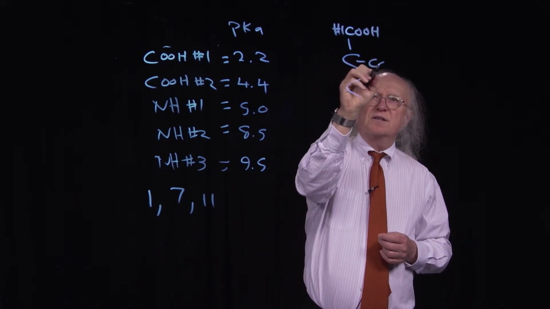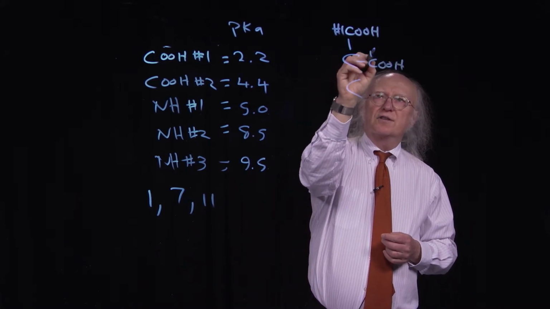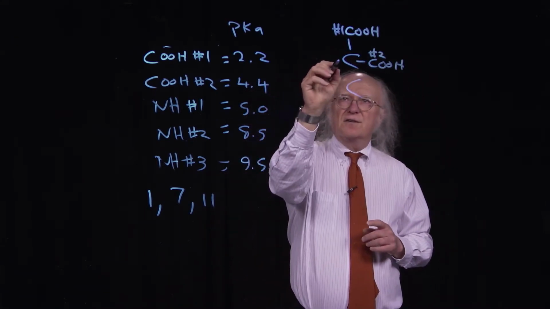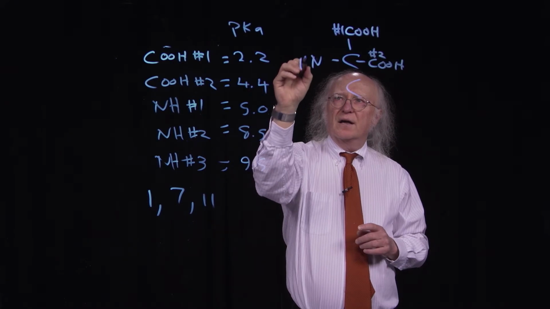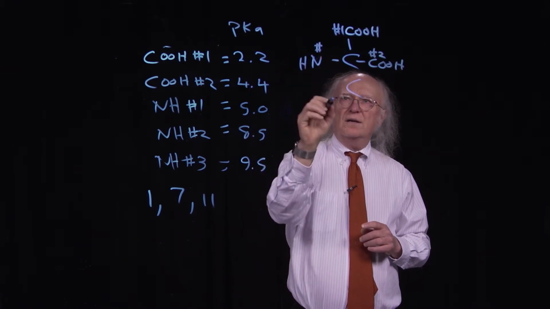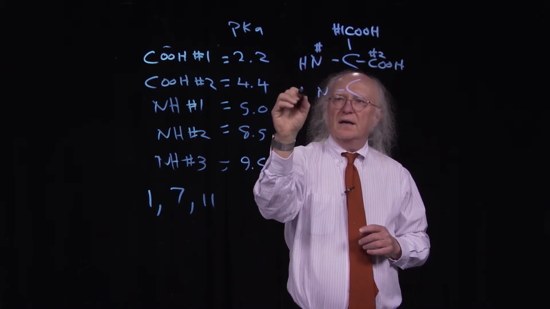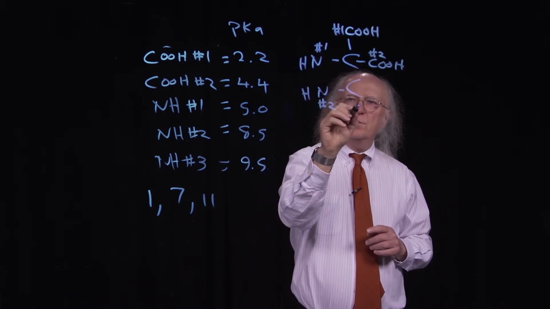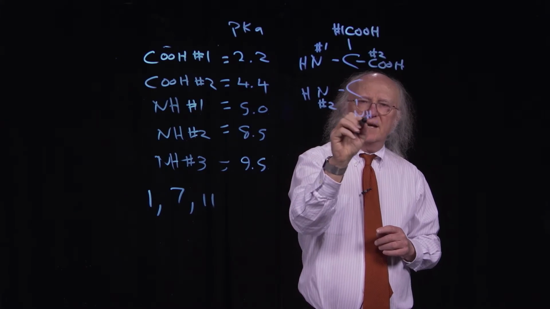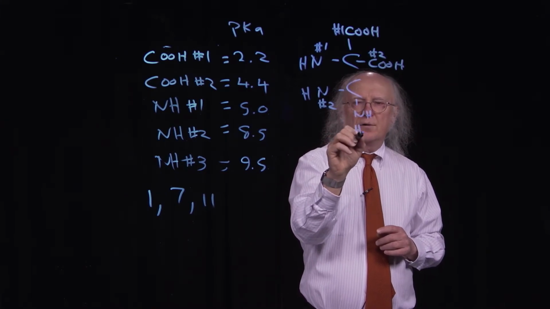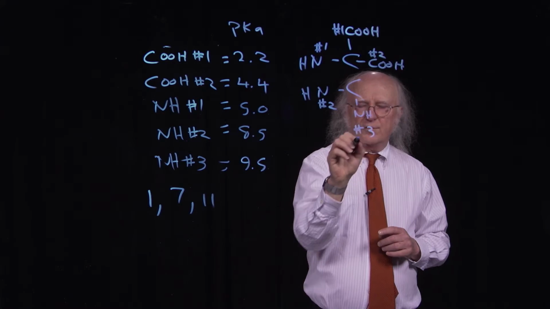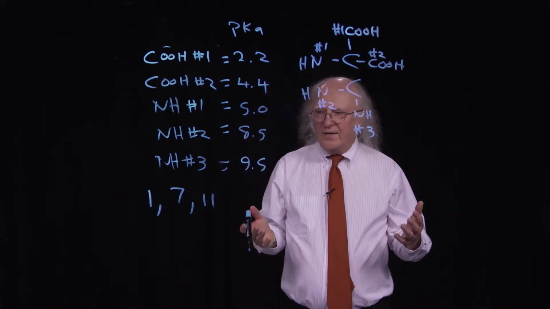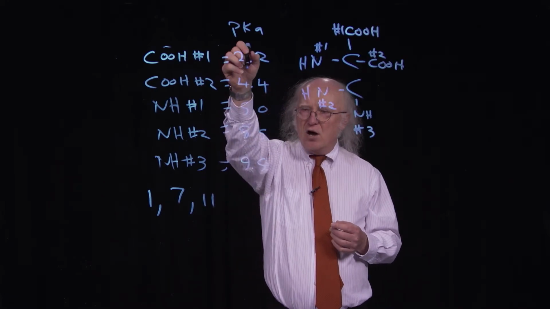Put in another COOH. We'll call this one number 2. And then we've got 3 amines. So we're going to put in NH number 1, and NH number 2, and finally NH number 3.